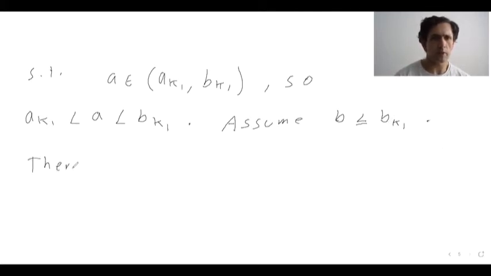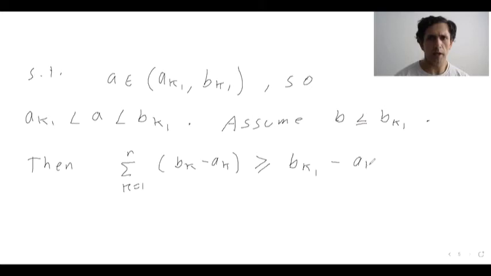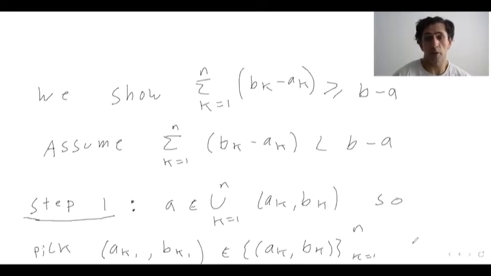I claim this is impossible. If this is true, then this length here, b_k minus a_k, is certainly bigger or equal to b_k1 minus a_k1, because this interval is just one of these intervals here.